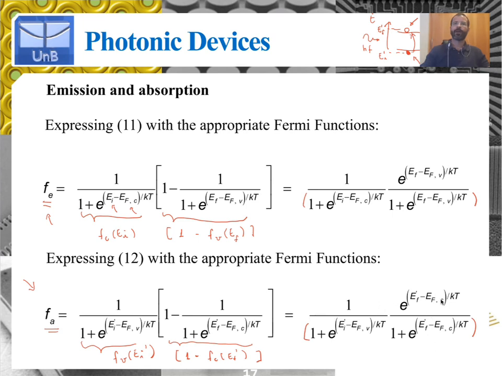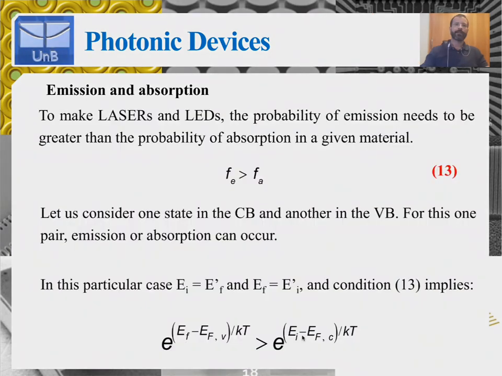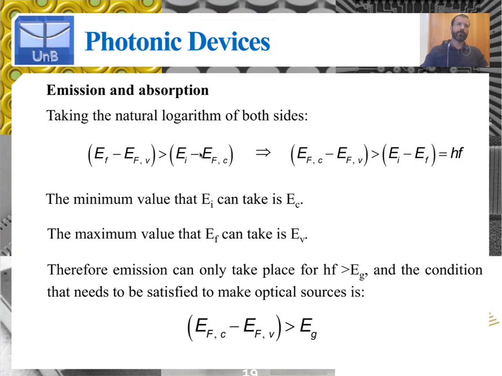They will cancel out in the inequality, and we'll be left with this and this, where we can replace EI here and leave everything in terms of the energy levels that we have assumed for the process of emission, so EF and EI, and this will give us this. Okay, so that's where this came from. So by substituting this and this here, we get this. Now we can take the natural logarithm of both sides, and this will lead us to this.